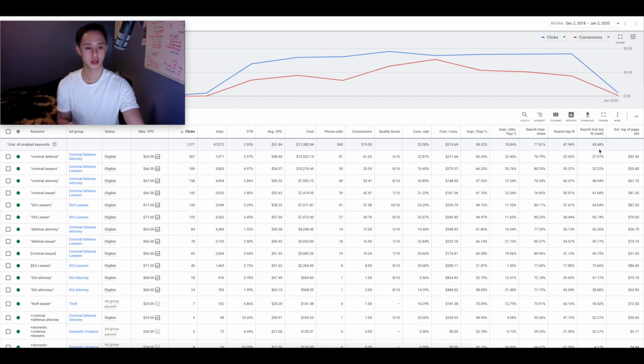So this is pretty much the percentage of times our ad wasn't shown in the top due to ranking. So ranking comes down to quality score, your cost per click, and those factors.